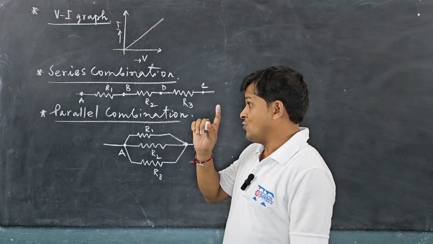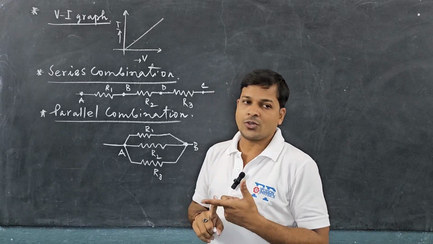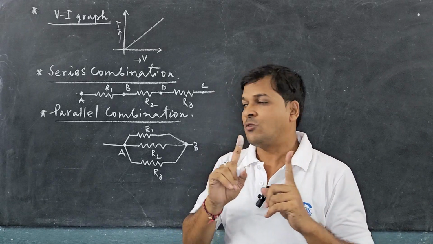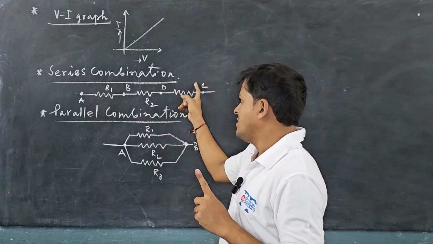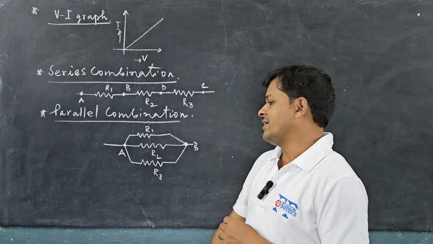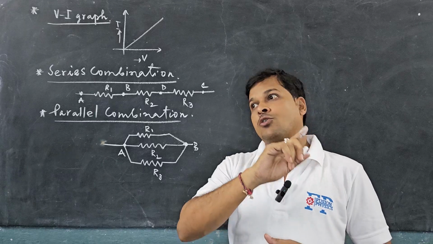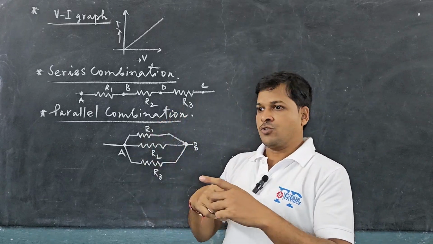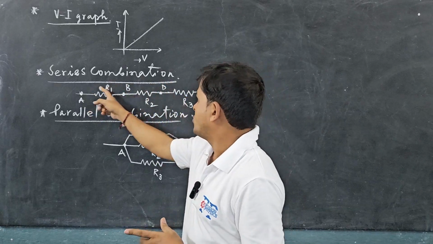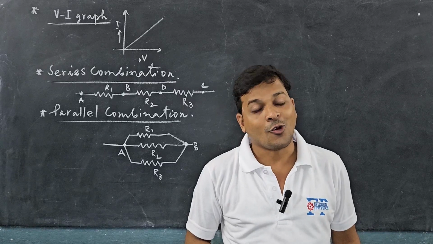So first you have to keep in mind that either the electric current or the potential difference should be maintained, that means remain constant. But we can replace these resistors by a single resistor, and this single resistor is called the equivalent resistor, because it behaves like the three resistors R1, R2 and R3 connected in a combination.